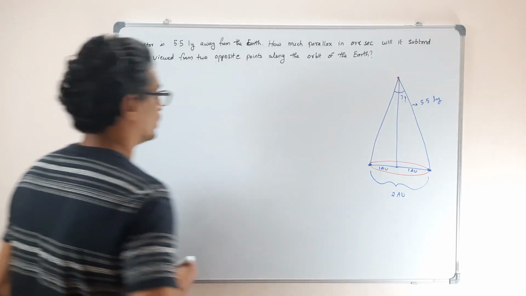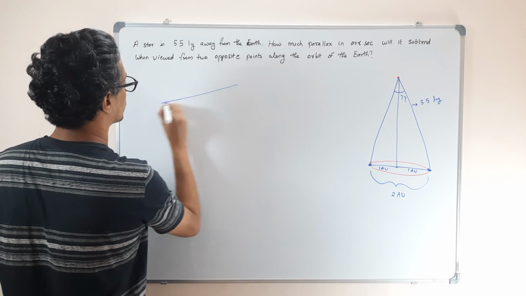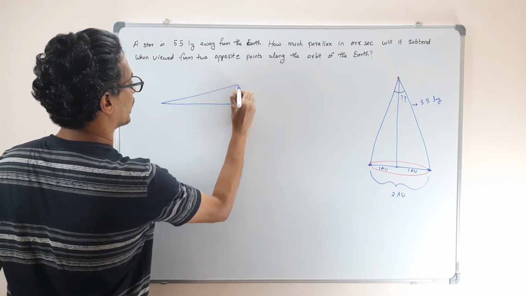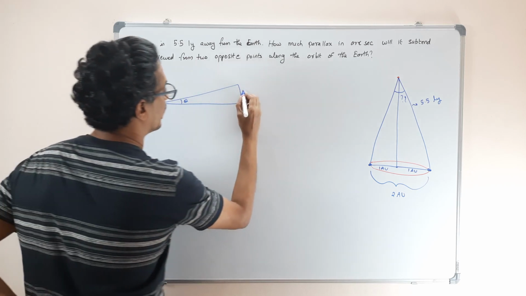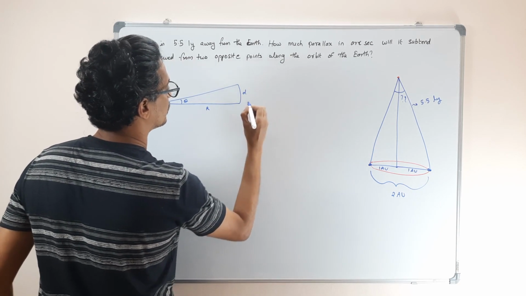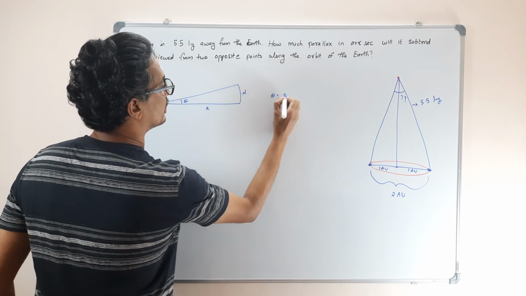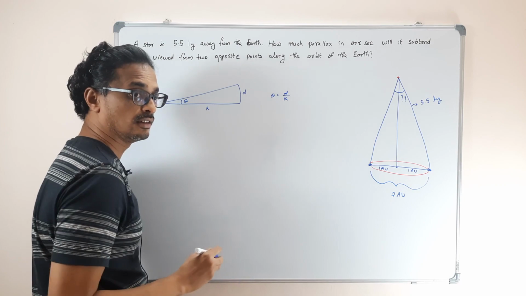If you remember, the formula is this. If you have the angle theta, and if this is D and this is R, theta will be D by R. That's what they are asking.